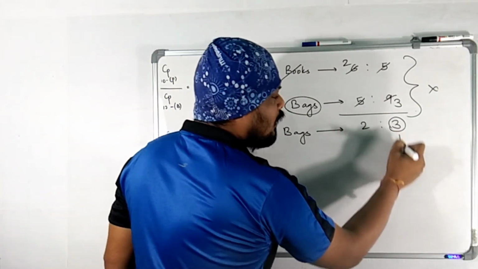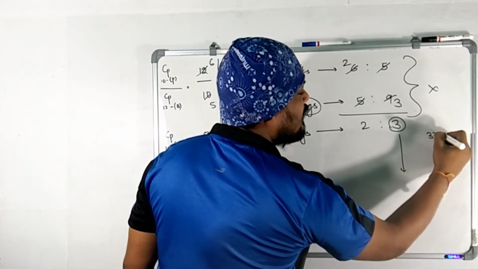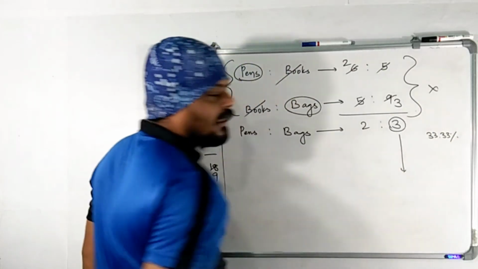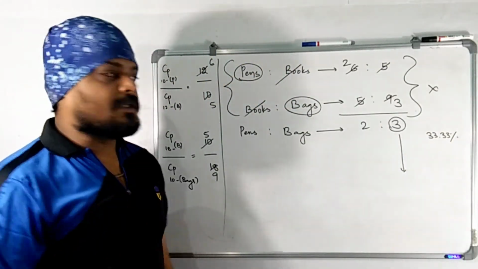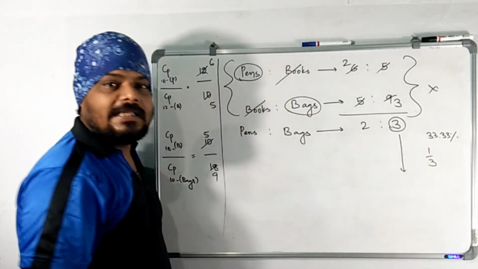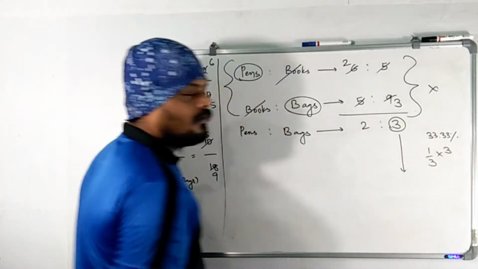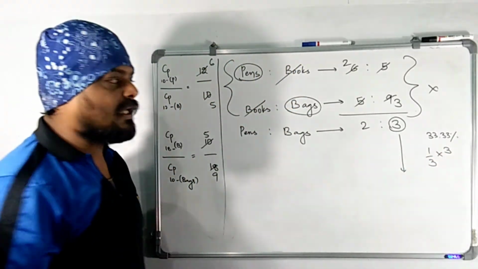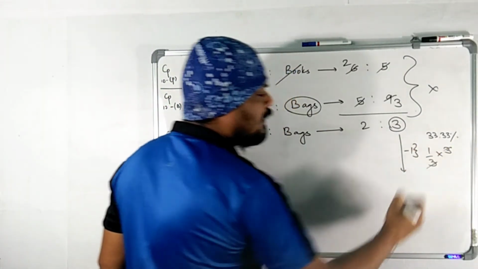So he got a loss of 33.33 percent upon 3 rupees. 33.33 percent is 1 by 3 in fraction value. So 1 by 3 into 3 is 1.